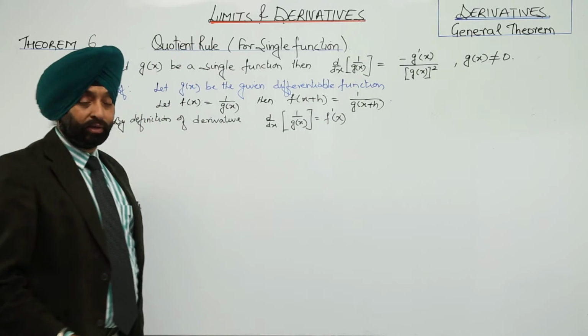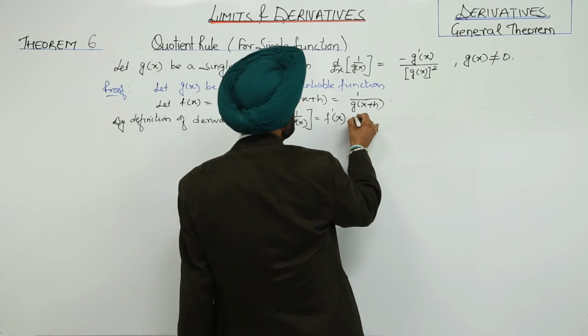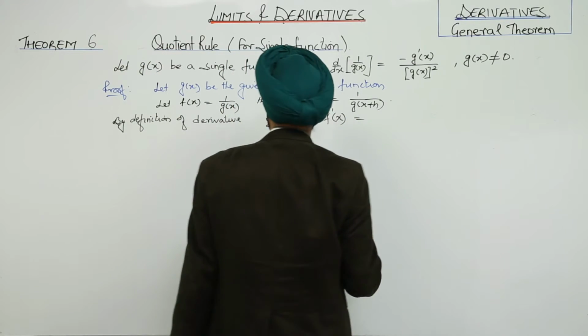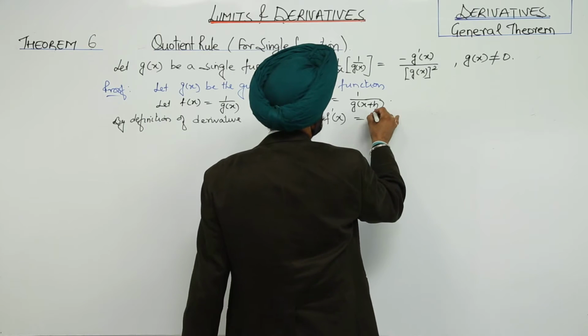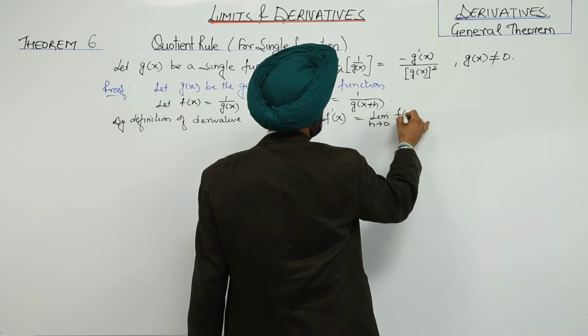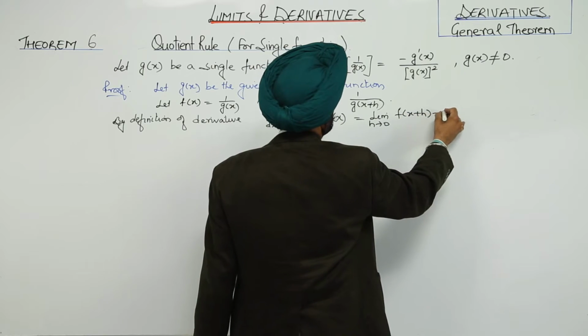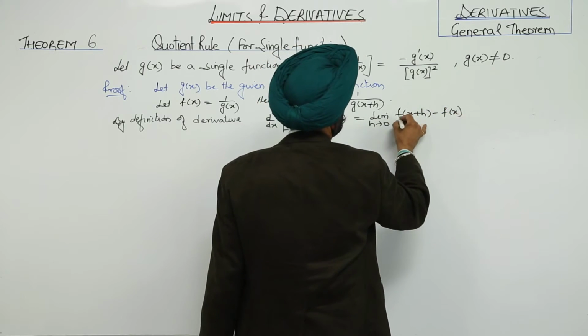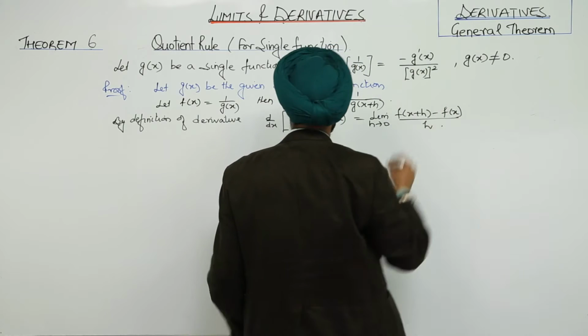We can write it f derivative x, and f derivative x will be equal to limit h approaches to 0, f(x plus h) minus f(x) upon h.